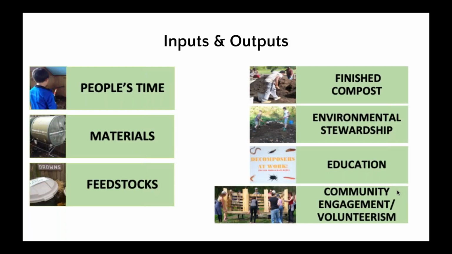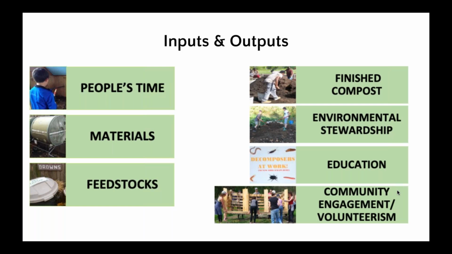So, inputs and outputs. What a successful community composting site really boils down to is lining up inputs. So people's time, those partnerships, materials, the tumblers, the bins, tools, whatever it might be that you need for your site, whatever system you're choosing.